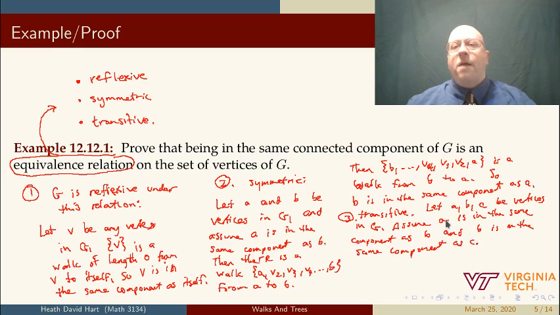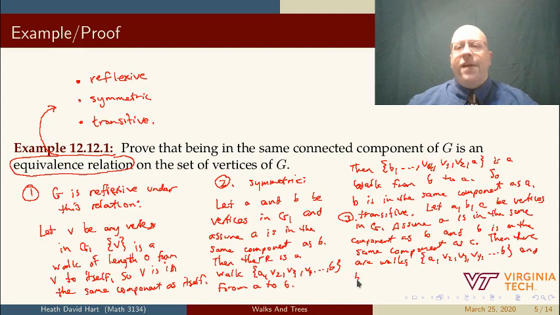But that means I can walk from A to B, and I can walk from B to C. Then there are walks A, V2, V3, V4, B. And I can't use V again, so B, W1, W2, W3, C.